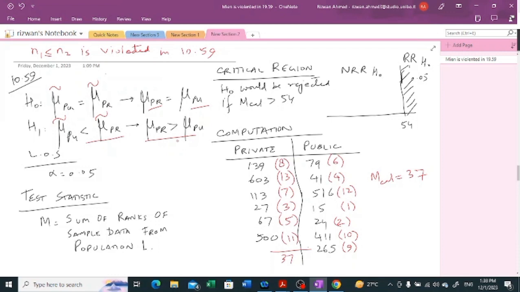So the alternative is that the median number of volumes held by the private colleges and universities is significantly greater than that held by the public colleges and universities. And since it is a one tail test, we need not divide alpha by 2. Then the test statistic is M, equal to the sum of ranks of sample data from population 1.